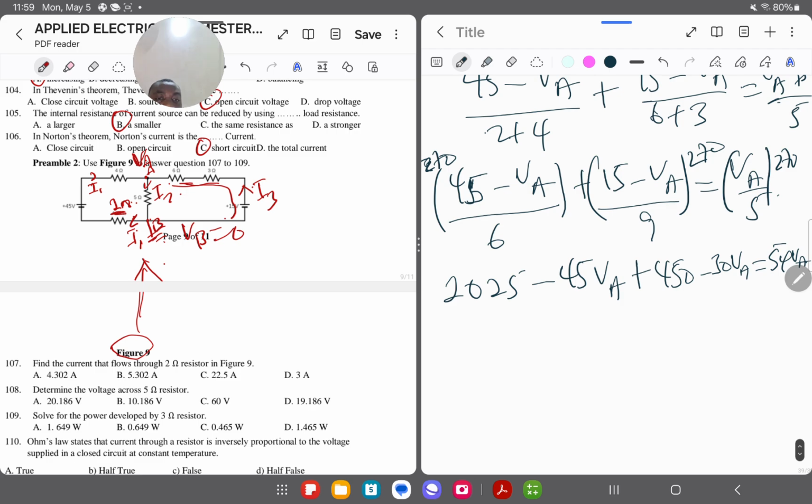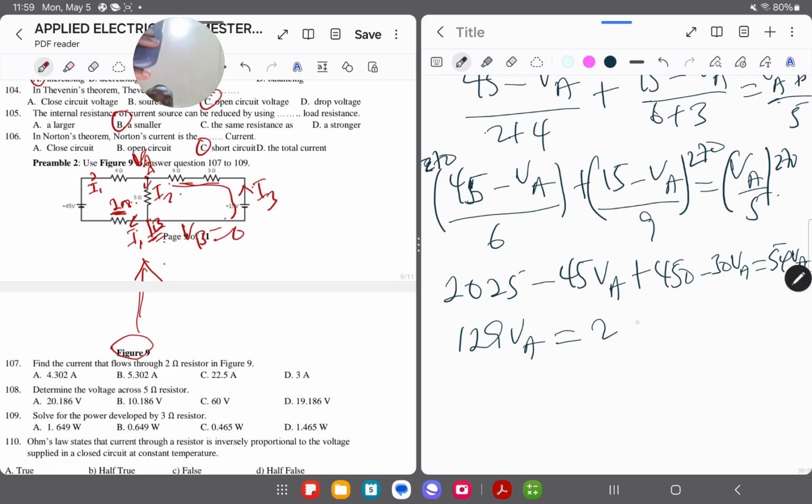So if you group like terms, you send all this right across. So I can just even add them, 54 plus what? 30 plus 45. So we get here 129 VA. Then this one I'm sending here. So here I have 2025 plus 450.